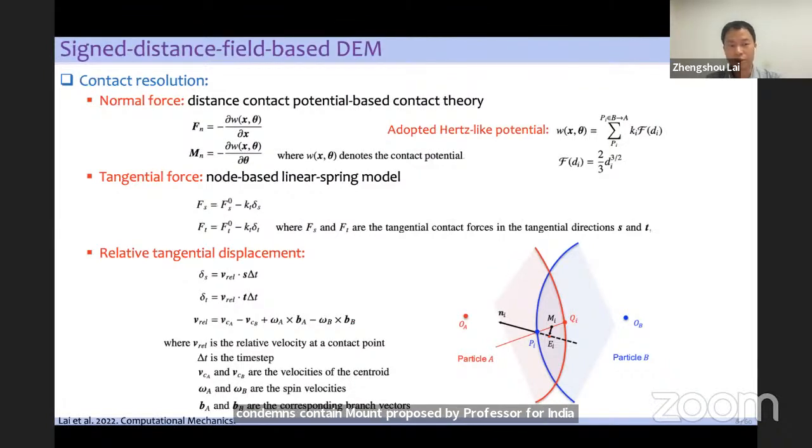And for the tangential force, it is based on the conventional linear spring model. I will skip the details here. If you are interested in the details, we have a paper recently published in Computational Mechanics.